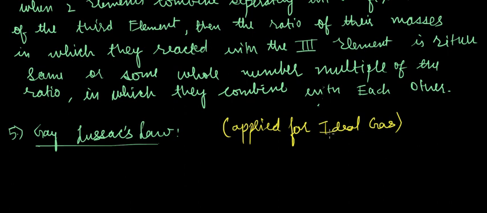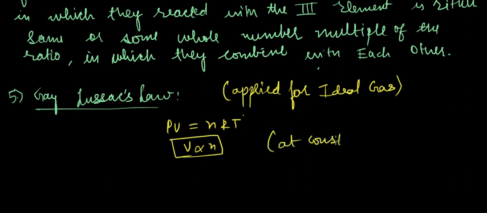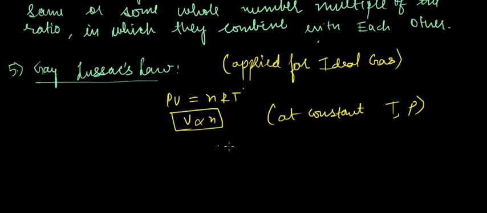In that case PV equals nRT, hence V is directly proportional to n, the number of moles of the gas, at constant temperature and pressure. So gases combine in a simple volume ratio, and if the product is also a gas, then their ratio is also simple.